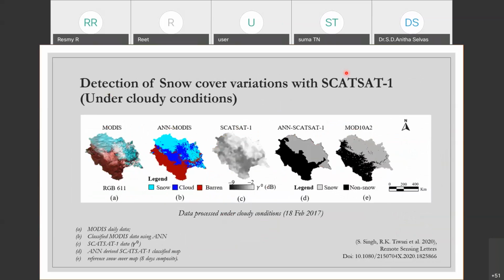Here is one slide which says detection of snow cover variation with scatterometer under cloudy condition. Here we see MODIS data, which is acquired daily. You can see that a lot of areas are under cloud cover. So in MODIS, they give you two types of composite images: 8-day composite and 16-day composite.